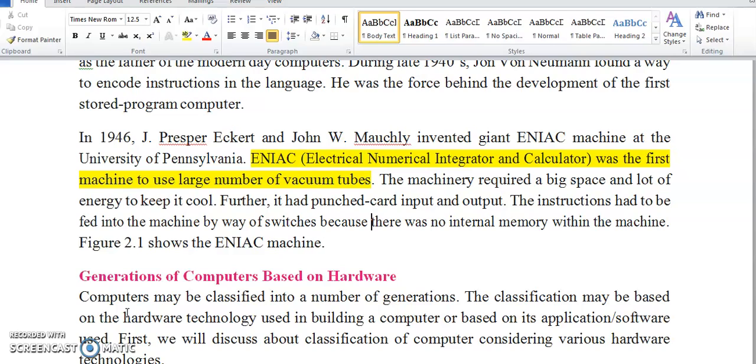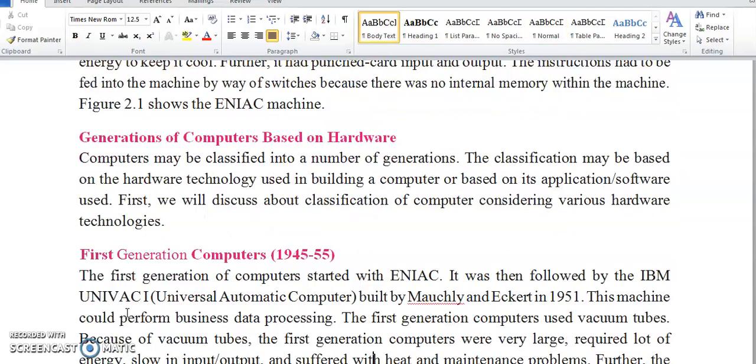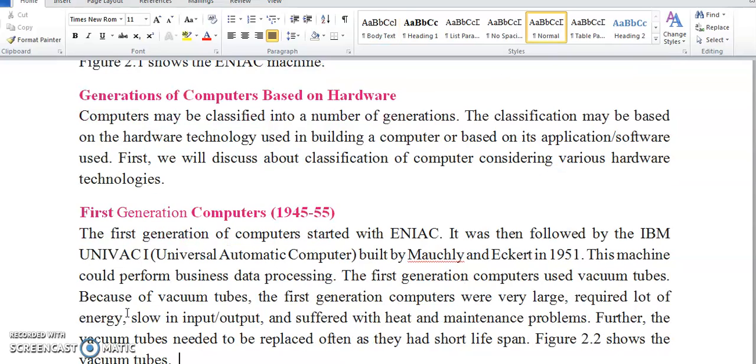So here we will see generations of computers based on hardware. You know very well what is meant by generation. Father, son, grandson: these are all generations of human beings. Same way in technical terms, Samsung 1, Samsung 2, these are all new versions that come, the old version with updates.